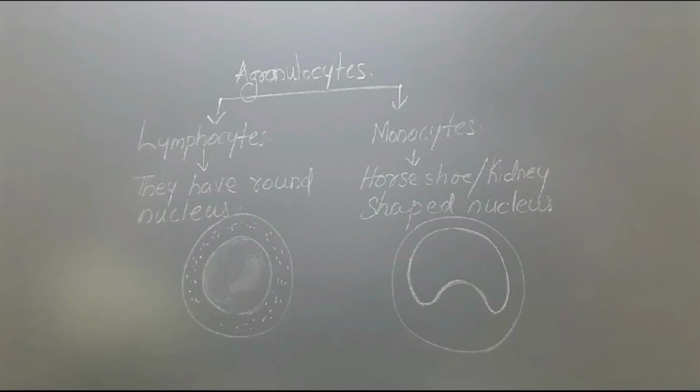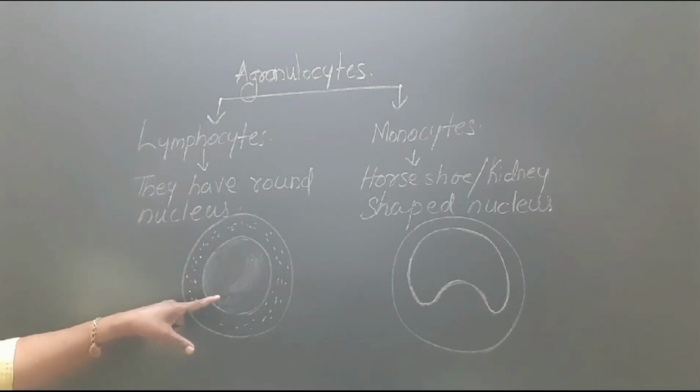Agranulocytes are again divided into two types: lymphocytes and monocytes. Lymphocytes have a round nucleus. You know, this is how it looks.